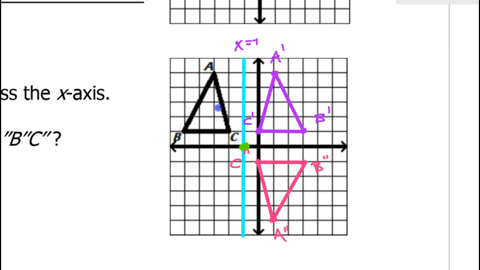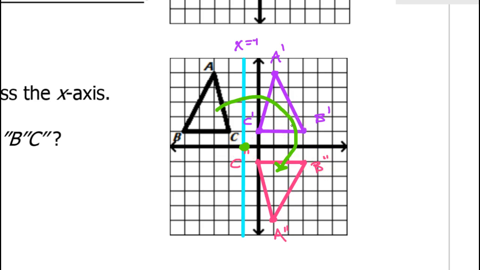If I were to rotate this around like this, then this triangle would end up here. See how the red triangle is upside down? This is what would happen if I rotated this. The A would wind up facing down. The C is just rotating around this point and becoming C prime. So this is a rotation.